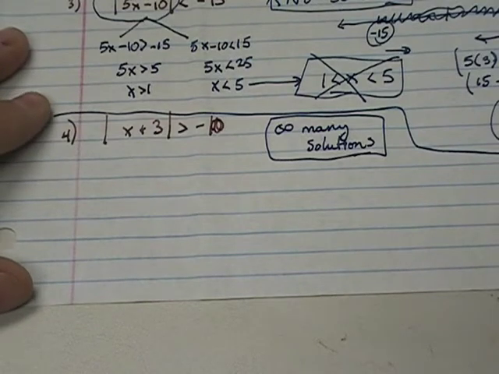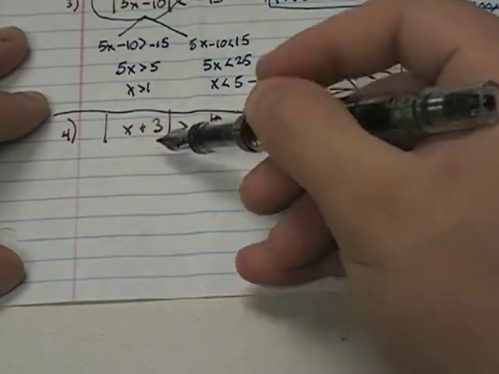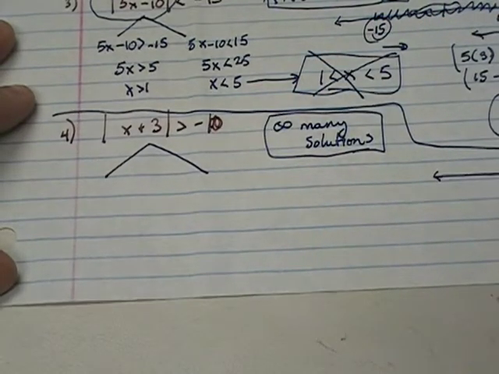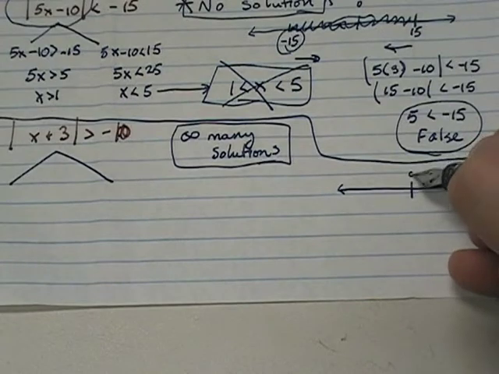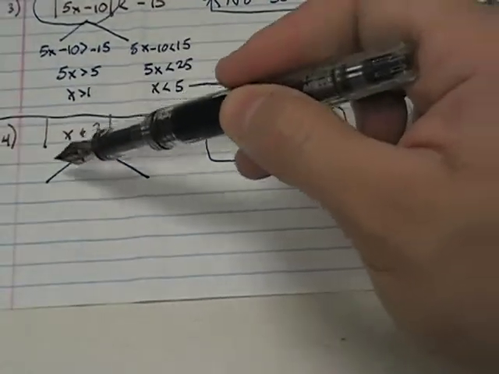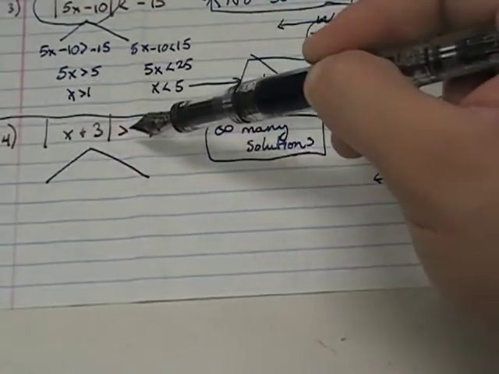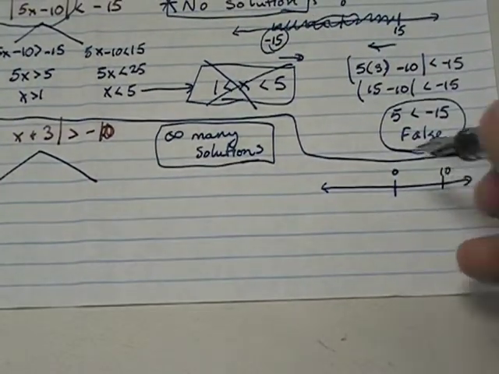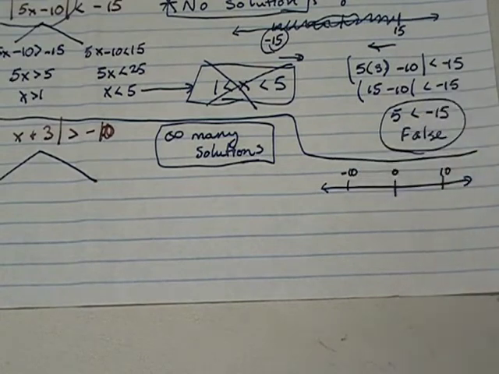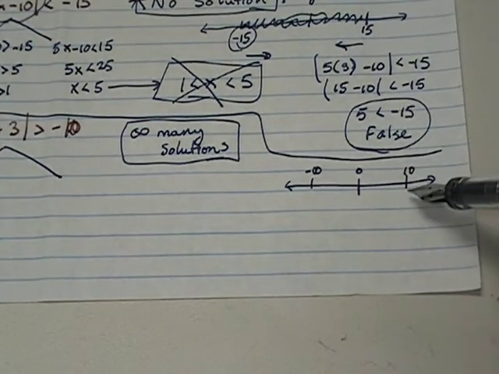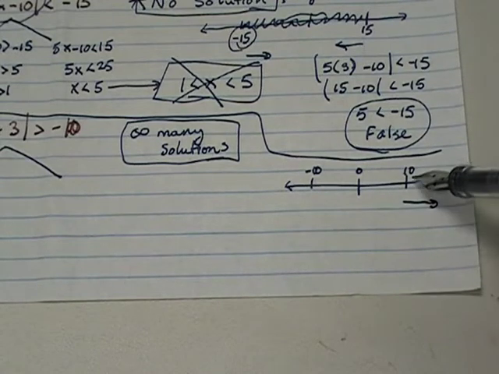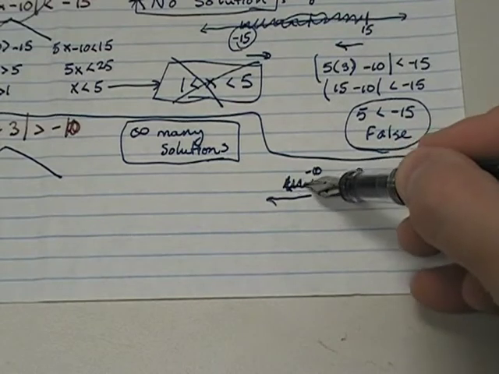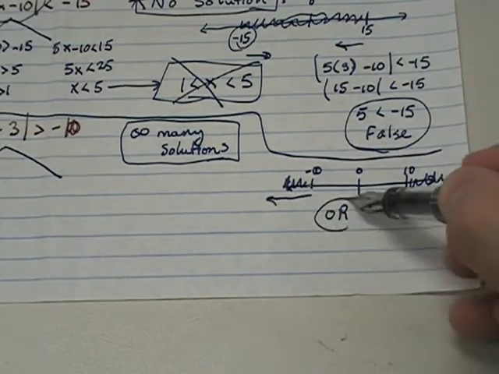Well, what if we don't see that? What if we just jump in and try to work this? Again, I draw my little number line and think about this problem. This says that this quantity is more than 10 steps from 0. There's 10, and there's negative 10, and more than 10 steps would be that way and that way. So this has to be an or inequality.